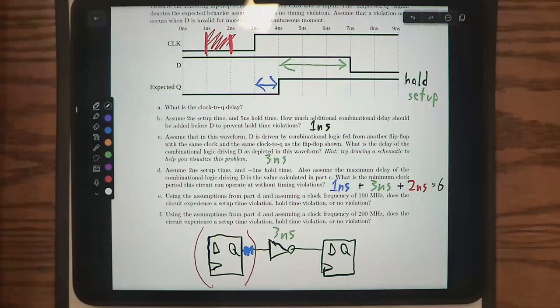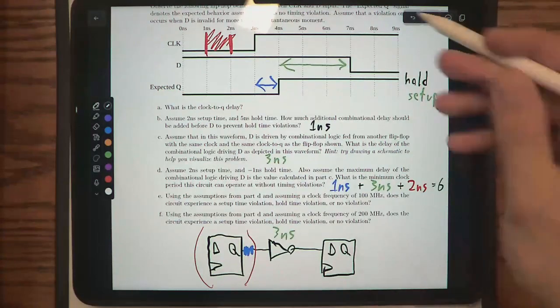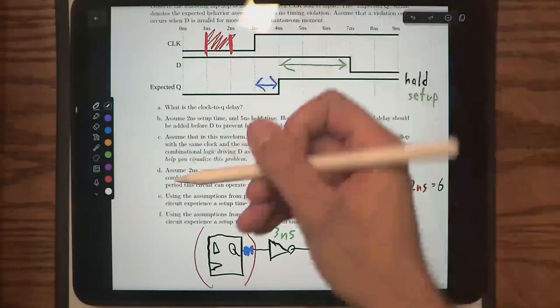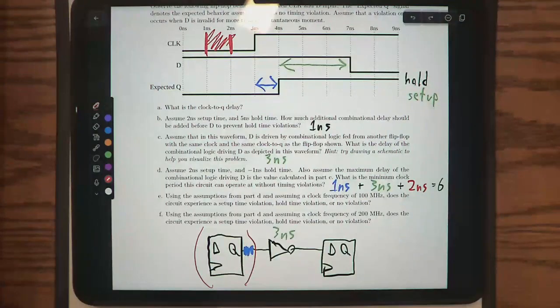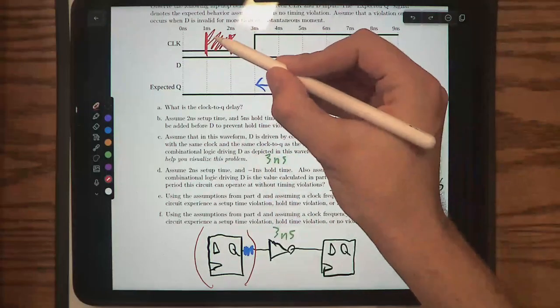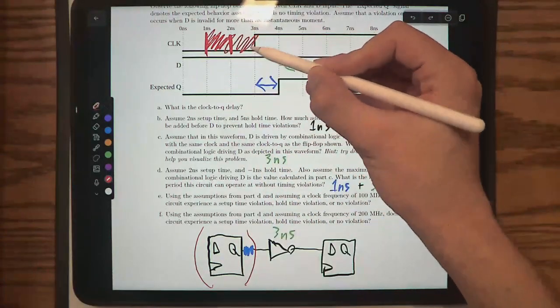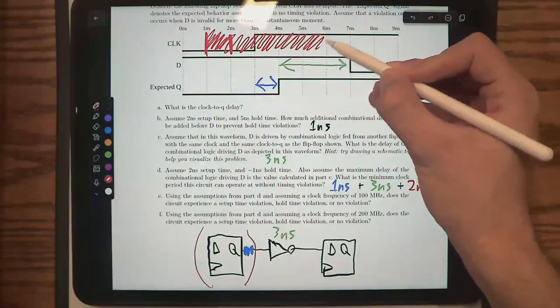The hold time does not affect the clock frequency or clock period at all, regardless of whether it's positive or negative. The hold time is just saying how long the signal has to be held, so it's more related to the combinational delay.